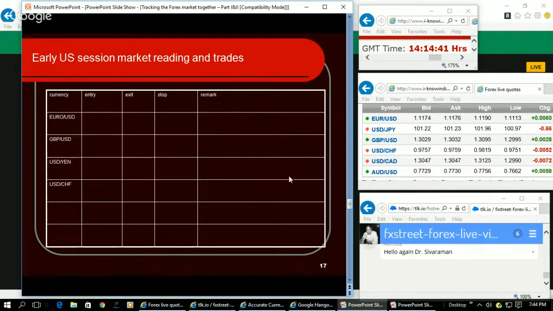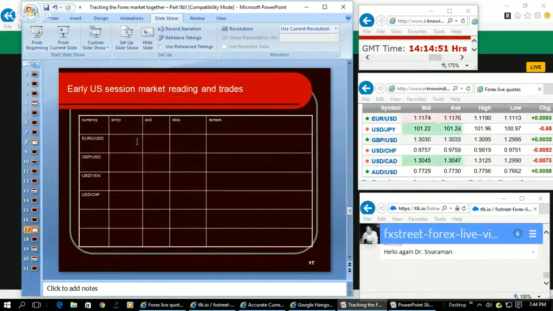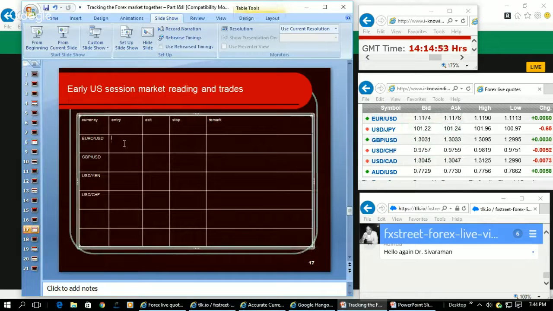Now let us try to find out what sort of trade we can do in the case of the US session. In the case of euro, they just made the dip to 1.1017 level. So we'll take a buy position or buy limit order.